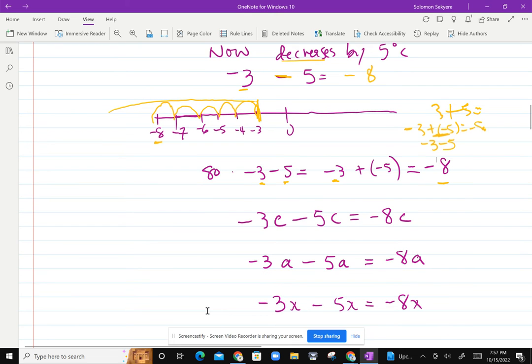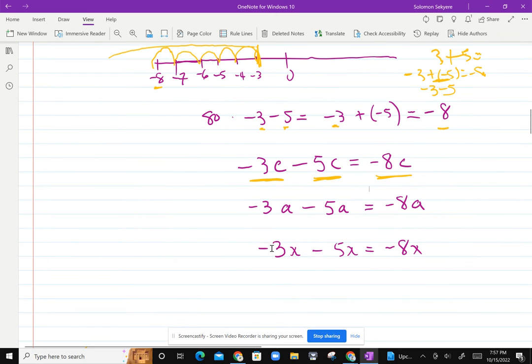Now, it's negative 3 degrees Celsius. We write negative 3C minus 5C is negative 8C. This is a very important concept in algebra that we're going to do. In fact, I can say negative 3A minus 5A equals negative 8A. Doesn't matter what letter it is.